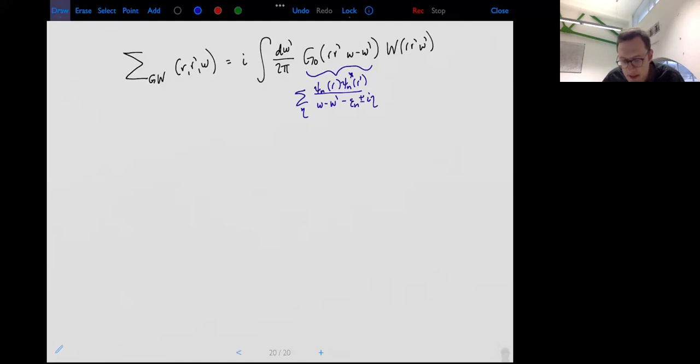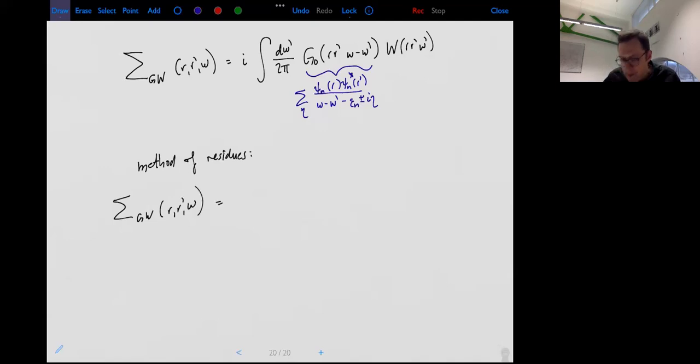And you see G0 has poles, right? When I look at it as a function of frequency, there are certain frequencies where poles occur. And so when I use my complex analysis to do this integral, basically using the method of residues, these poles will give me the contribution to this integral. So what I get then is G W (r, r prime, omega).